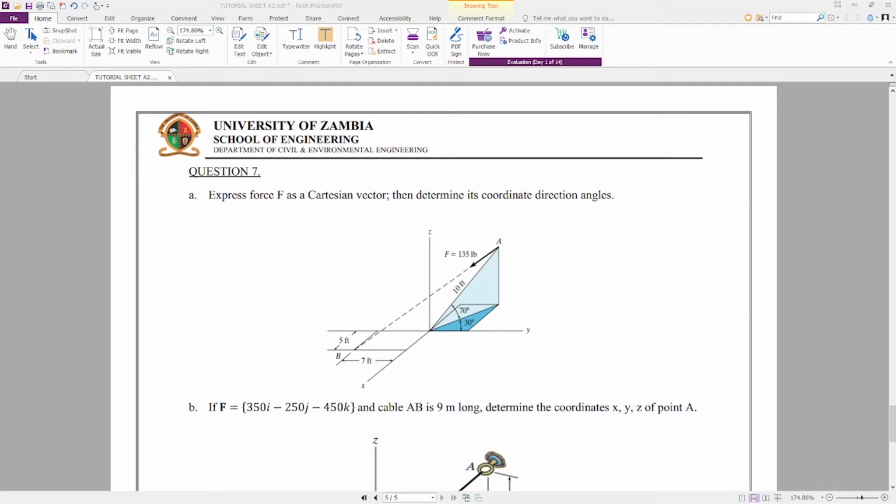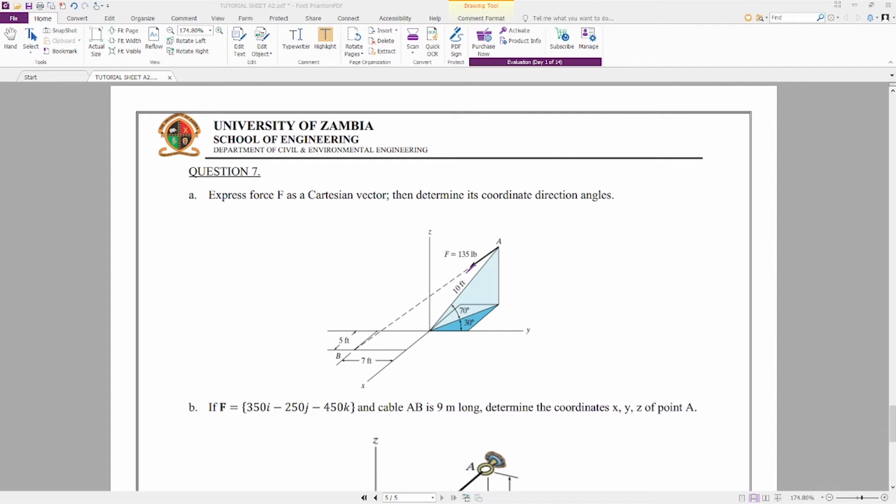We have got point A and point B. Definitely we'll need a unit vector in the direction AB, and then use that unit vector to multiply by F. There we'll get our F in Cartesian vector form, isn't it?